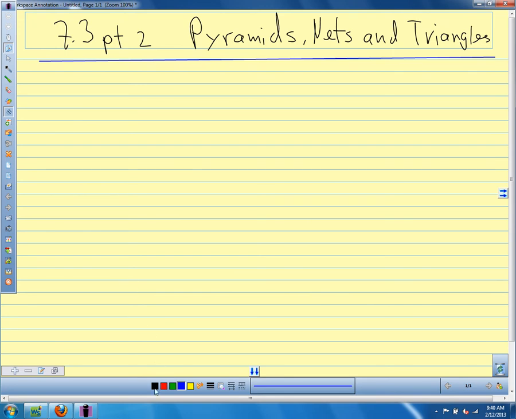So let me draw a square pyramid, and we did a few of these on our homework last night, but I want to talk a little bit more about the nets of pyramids. So here's going to be my square pyramid.